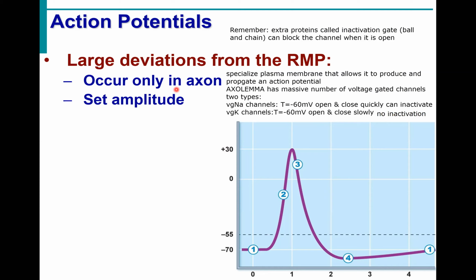Because we're using voltage-gated channels, remember, it's all or nothing. This is an all or nothing signal, really. Either all the channels open or none of them open. You can't get half of an action potential or 3/4 of an action potential or 1.5 action potentials. An action potential is a set amplitude thing, one or nothing.